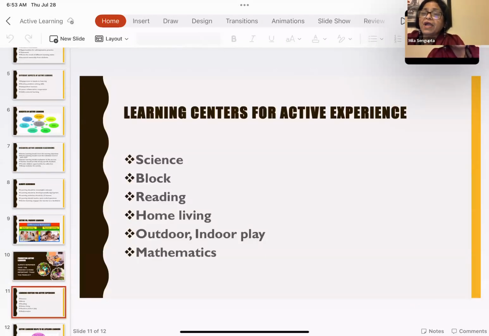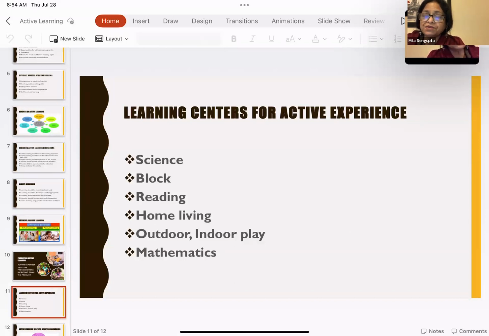Learning centers for active experience. So when you set up your classrooms, I hope that you consider center-based learning, where children have opportunities to move. I don't know if you have a traditional classroom, but you can set up little areas for children's interests. And these are some of the centers where active learning can happen on a regular daily basis.